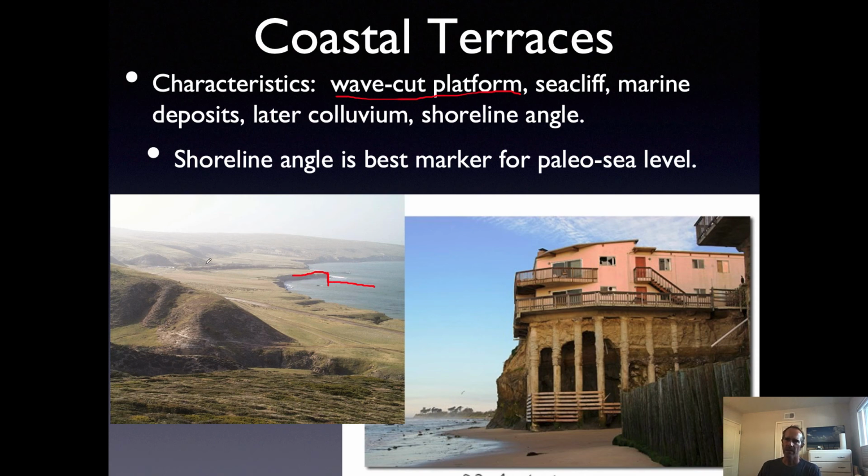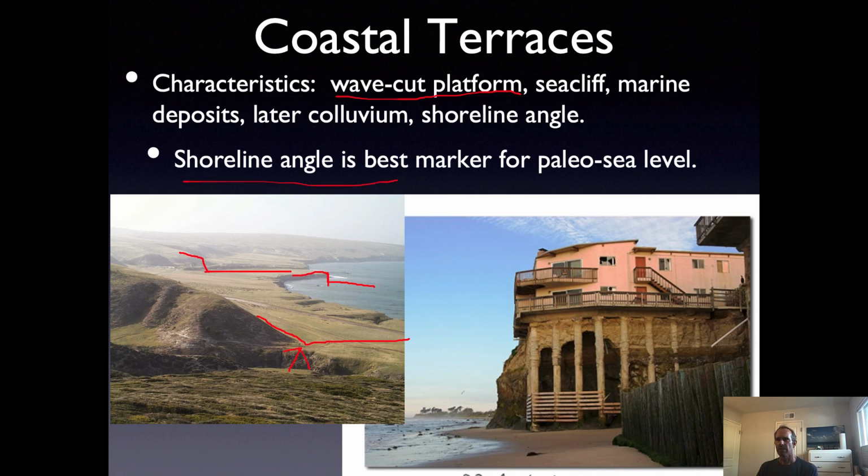At the back end of the terrace, oftentimes there are preserved sea cliffs from when this was the wave-cut platform. Now, those, if they're old enough, they're not very well preserved. You get erosion coming down and covering them, and they can be hard to see. So here you see a degraded, this would have been the old shoreline angle right there, but it's probably buried under here. You need an outcrop in a canyon or something to see it.